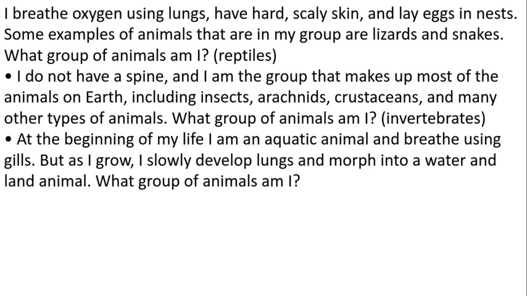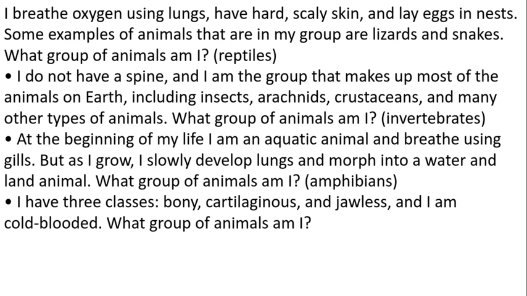I'm the invertebrates. At the beginning of my life, I am an aquatic animal and breathe using gills, but as I grow, I slowly develop lungs and morph into a water and land animal. What group of animals am I? Amphibians. I have 3 classes: bony, cartilaginous, and jawless, and I'm cold-blooded.